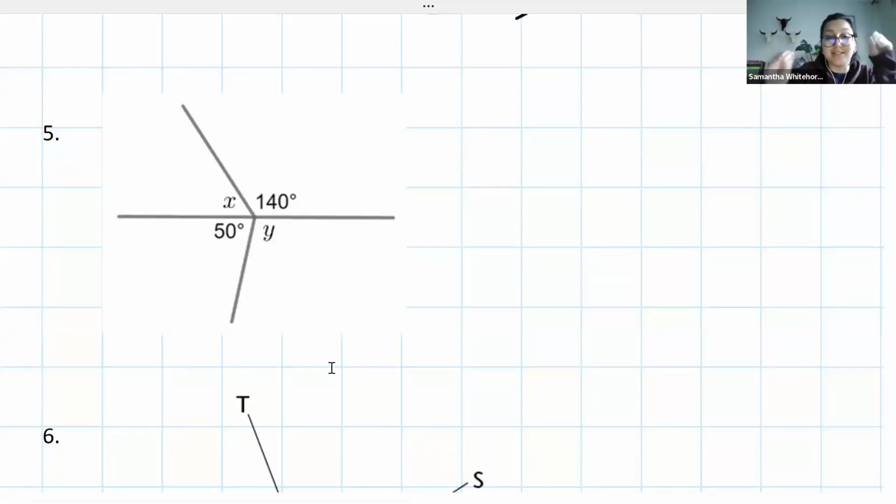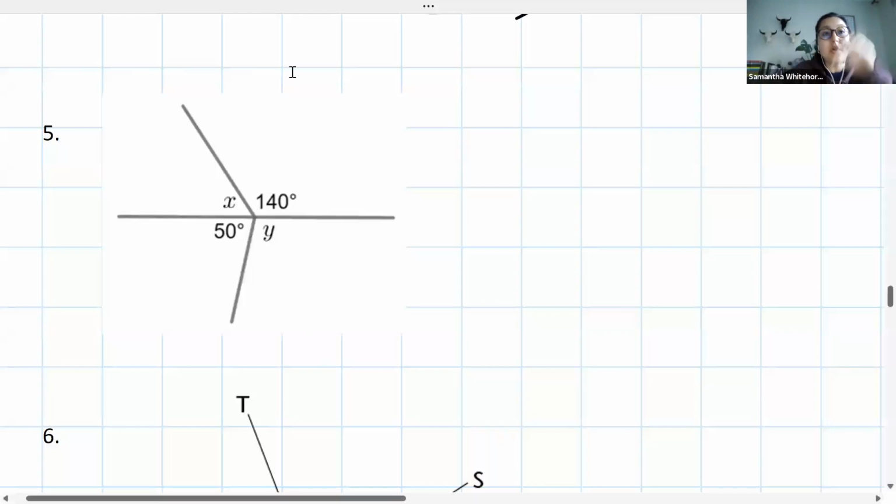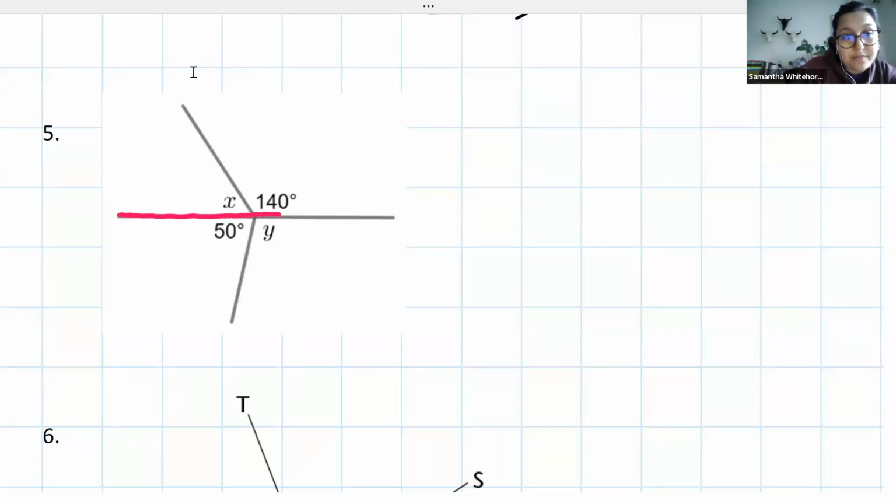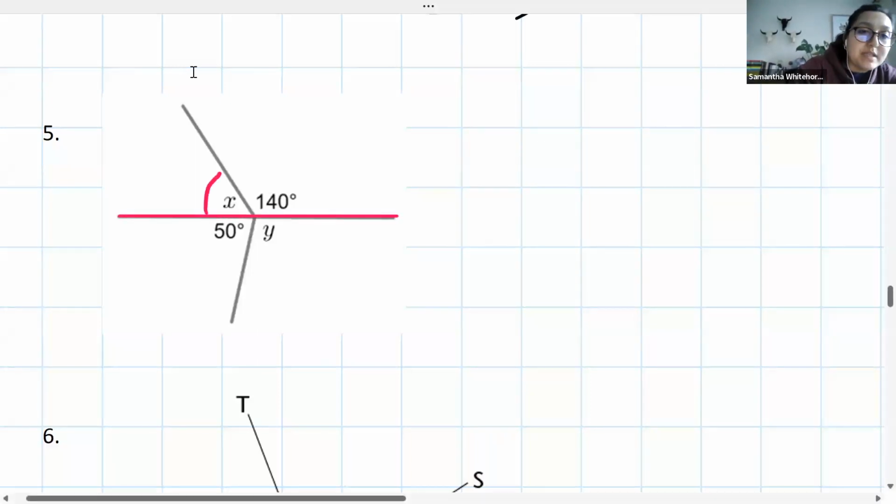We also know they're not the same because X and Y are two different variables. They represent different values. What I do want you to notice is that if we consider X first, X is on the straight line here in pink, which means that X plus 140 must give me 180.